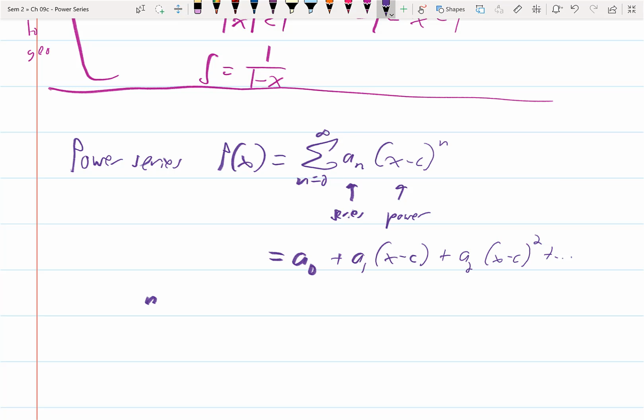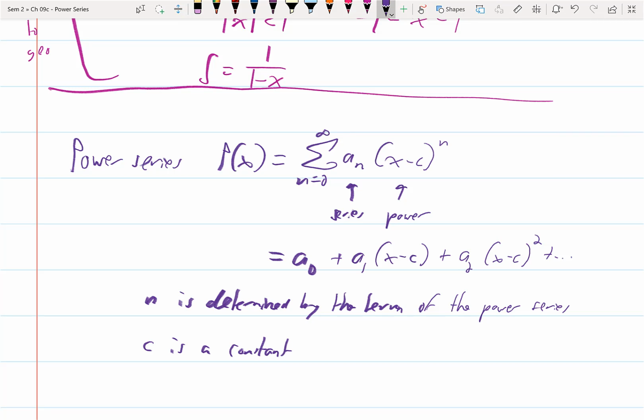So let's dissect this a little bit. N is determined by the specific term value of the power series. C is a constant. Much like we used before with Taylor polynomials, C is a constant called the center of the power series.